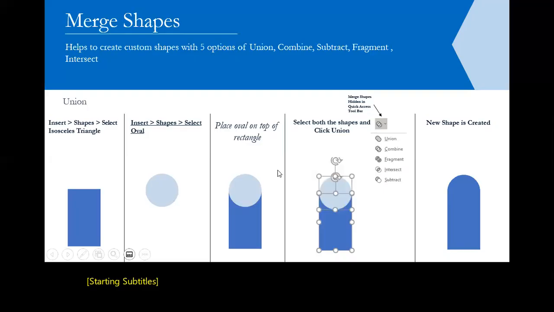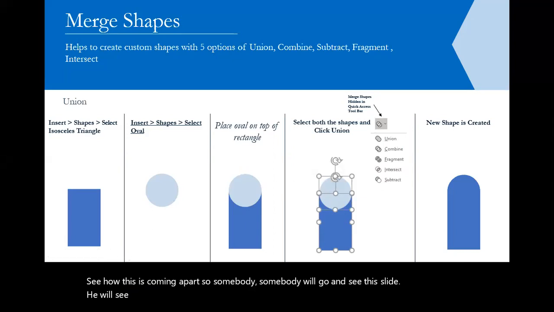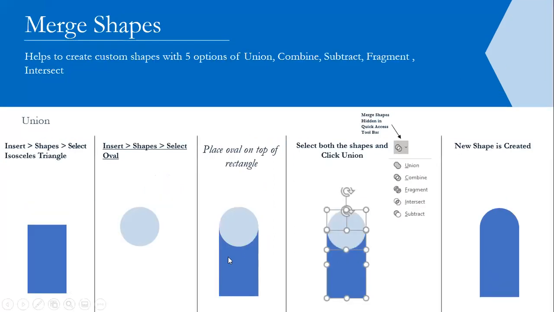Nothing else, Zanvi. See how this is coming apart. So if somebody goes and sees this slide, he will see, this is something different. Place oval on the top of the rectangle is something which I want to emphasize. Is your eye moving like that or not? This point. Yes. So once you start following it, you'll start to know that.